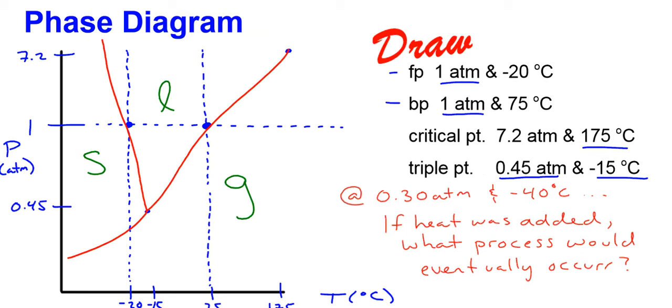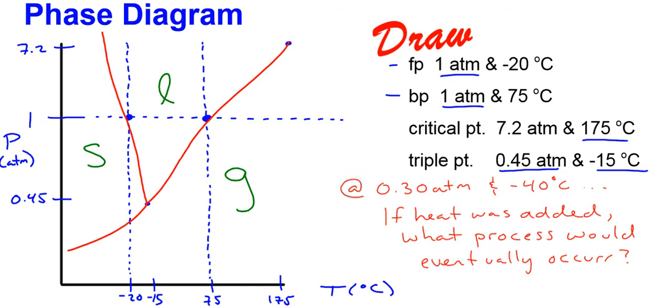It's not going to be exact, but if I'm at negative 40, around here, and the pressure is about 0.3, let's say I'm right here. That's close enough.